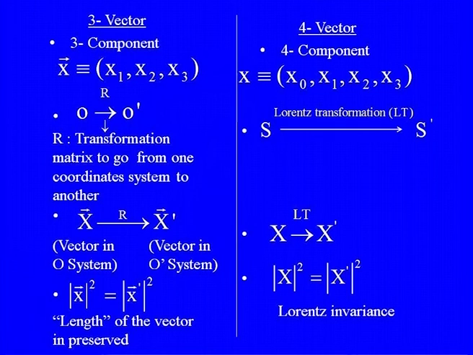And just like the length of the 3 vector was constant, here the squared norm is Lorentz invariant. So, that gives you an idea why we had used this word vector for this 4 component entity in special relativity.